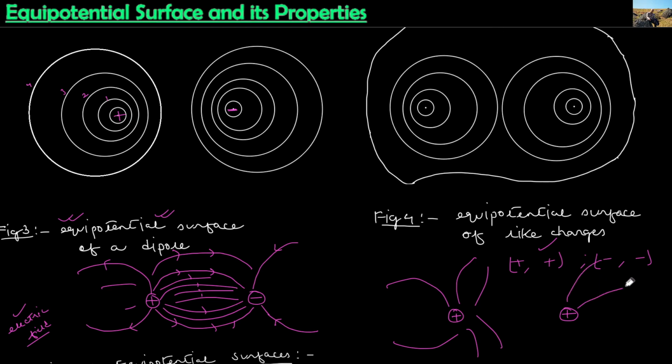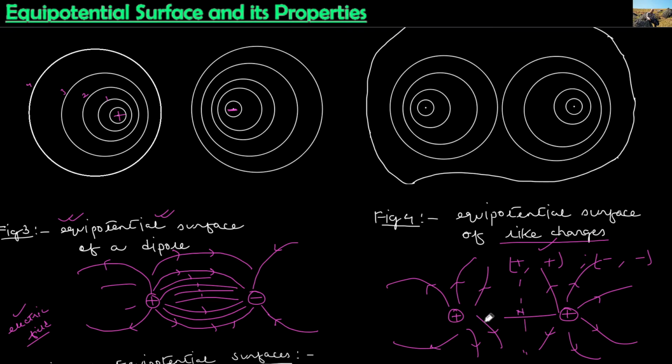Even from here, these will be the direction of the electric field lines, but at the center there will be no electric field lines. That means there is a neutral point over here. All these will be the direction of the electric lines of force due to a system of like charges.